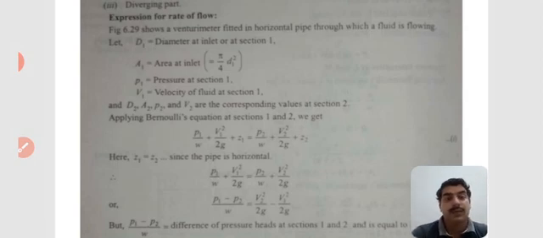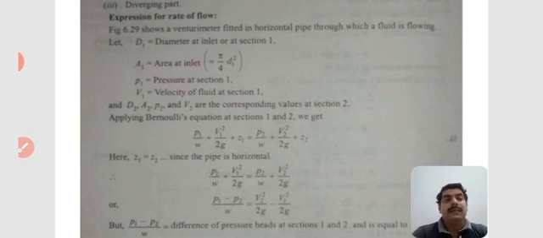Now applying Bernoulli's equation: we know that pressure energy plus kinetic energy plus datum energy is equal to a constant.